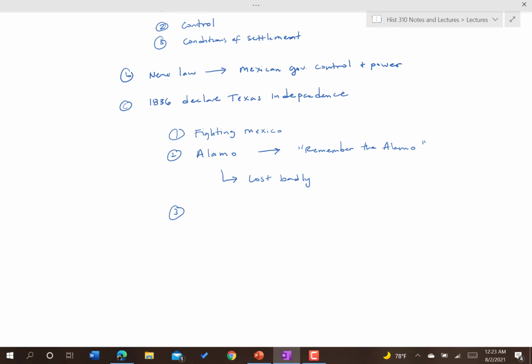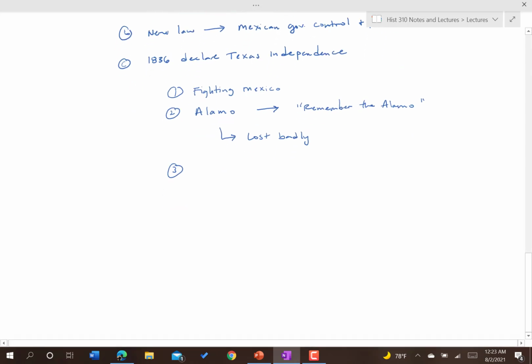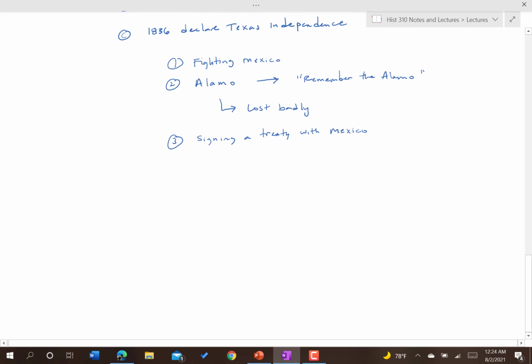But what this ultimately did is that, even though the Alamo didn't go well, they ended up being successful in signing a treaty with Mexico in terms of territory. And what this creates is, of course, the Republic of Texas, and the treaty line was at the Rio Grande.